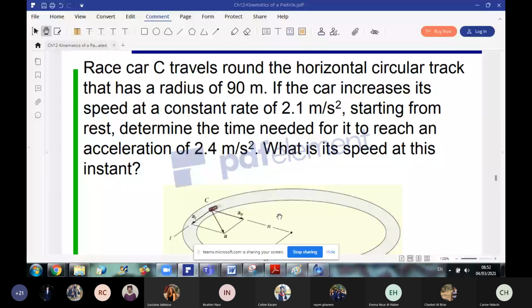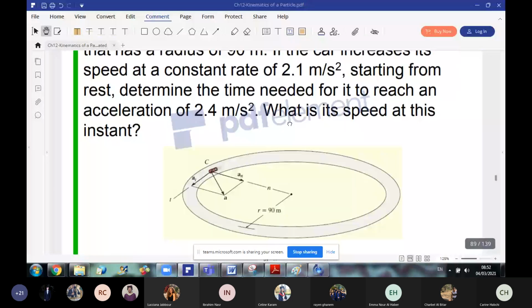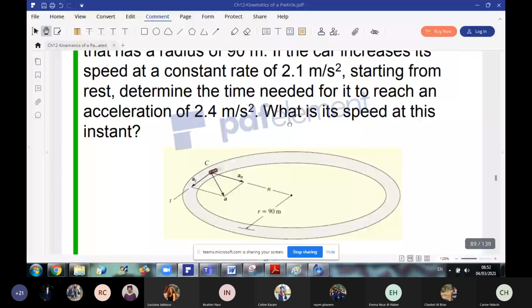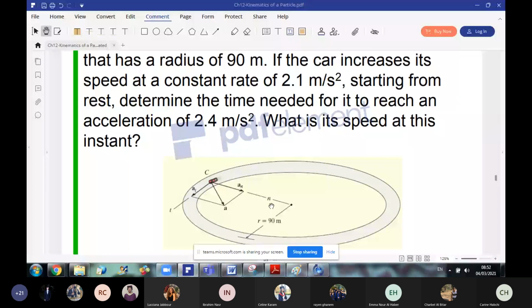So here, we have a car moving on a circular track, okay? And they gave us several pieces of information. The first is that the radius of the circle is 90 meters. They said that it is increasing its speed at a constant rate of 2.1. So what does 2.1 represent? This is AT, tangential. Exactly.